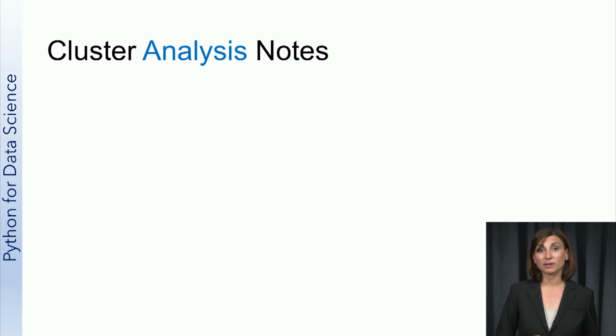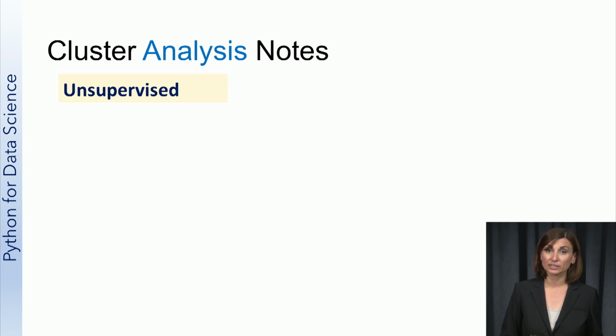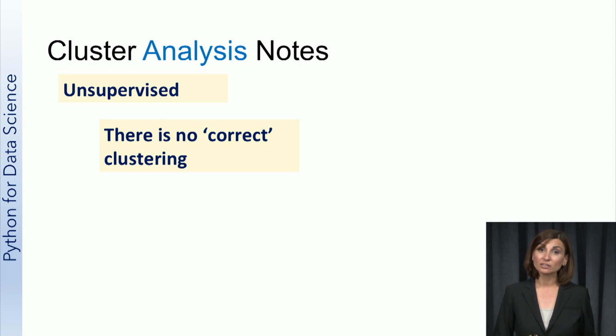Some things to note about cluster analysis are, first, unlike classification and regression in general, cluster analysis is an unsupervised task. This means that there is no target label for any sample in the dataset. In general, there is no correct clustering result.